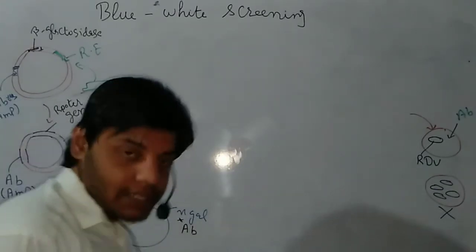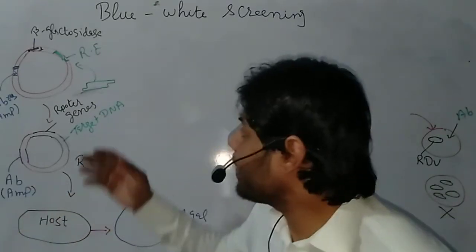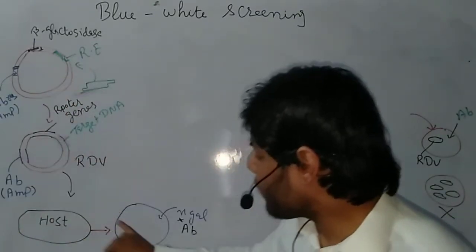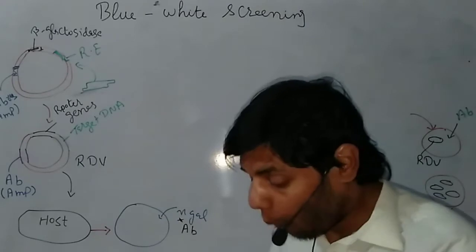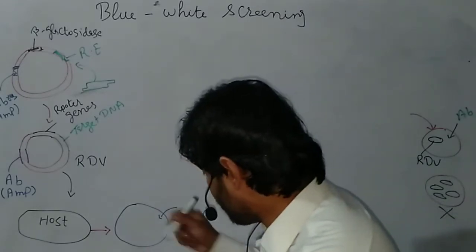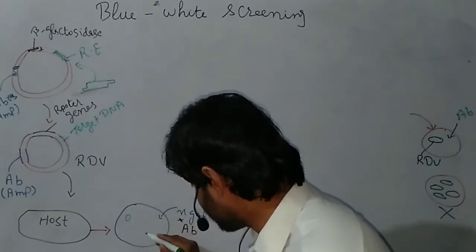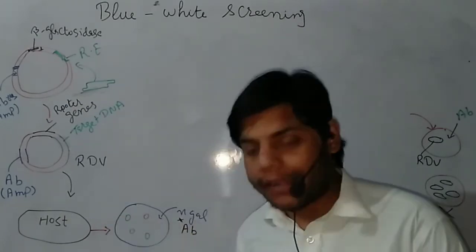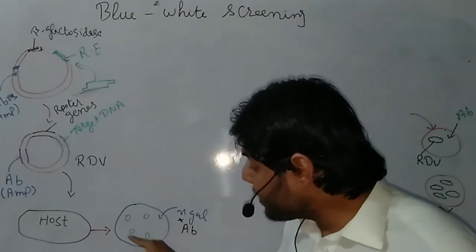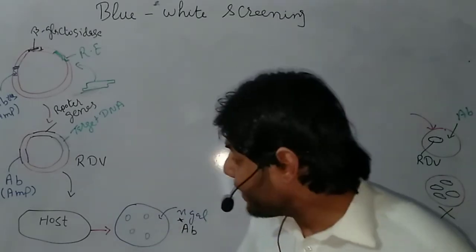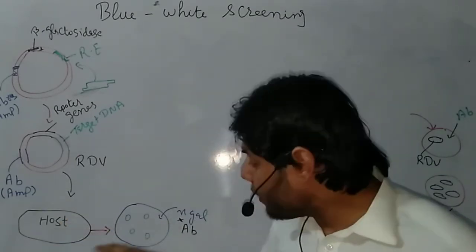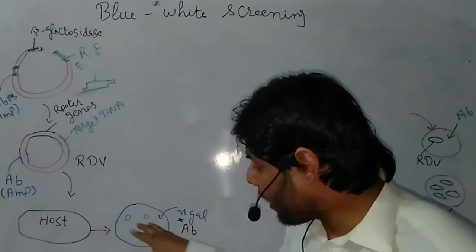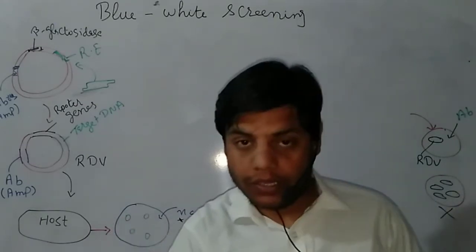Now all the bacterial cell which can carry the recombinant DNA vector will grow here, and they will show white colony. So let's suppose these are the bacterial cell, or these are the colony. Now these are the white colony, as you can see, and these white colony can show that your recombinant cells are present in each colony.